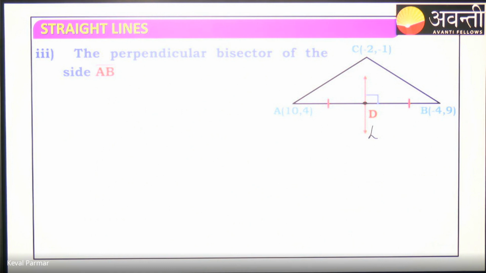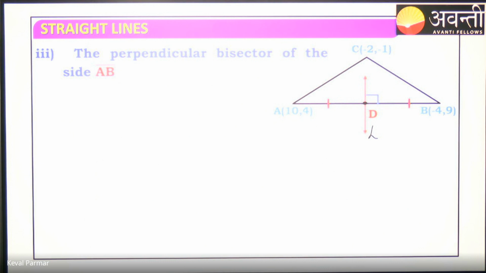For L, first we use the slope point form, that is, get the slope and then a point. Come on. It's very simple.